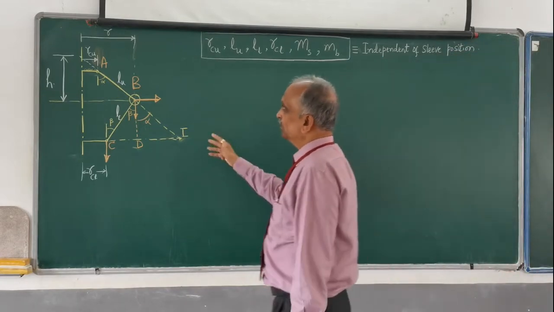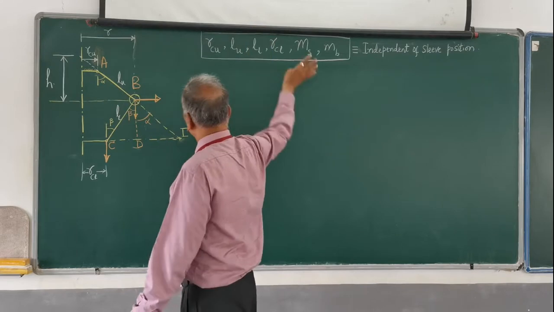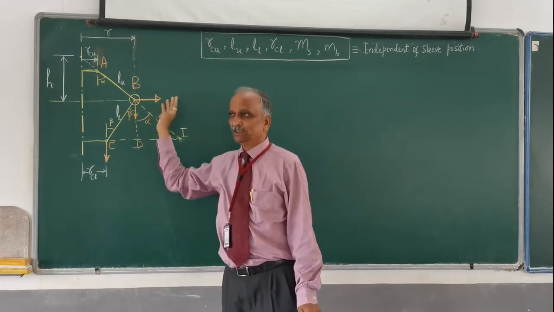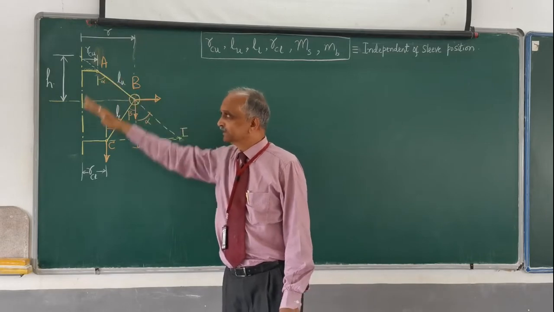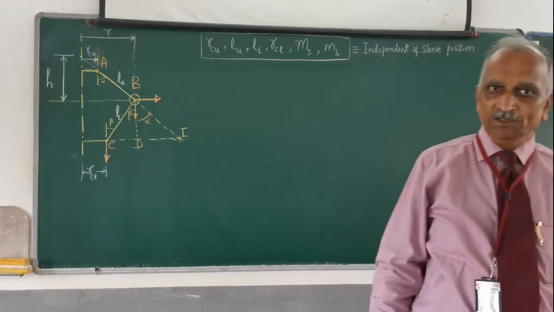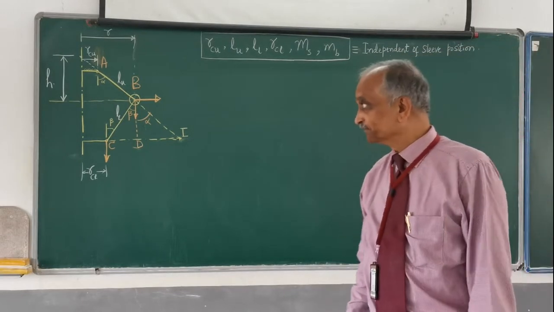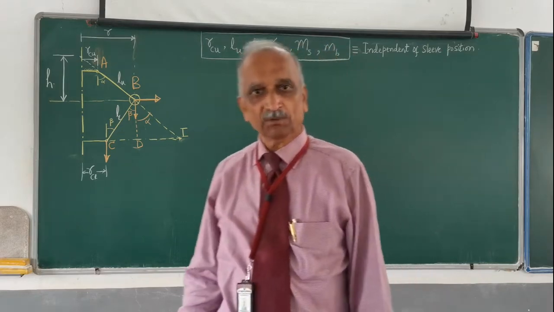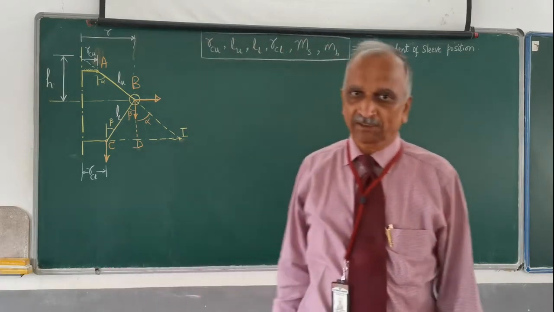So instead of dealing with only the mathematical analysis, please do not forget what we are discussing. We are discussing governor. A governor is supposed to maintain a constant speed for the engine, and for that we have a centrifugal governor. Every centrifugal governor has a sleeve.